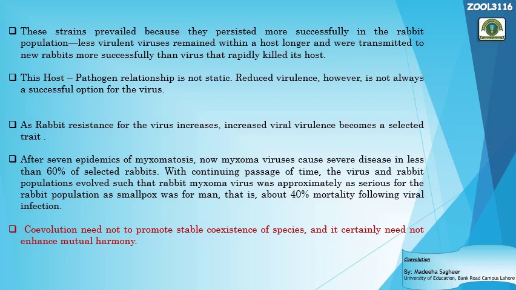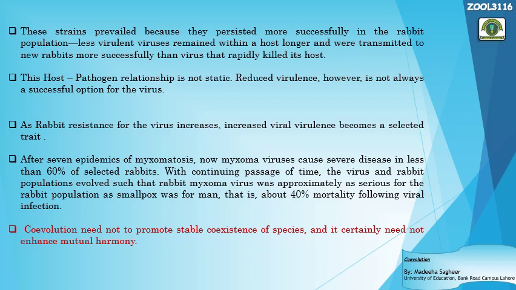Next, with the passage of time, the rabbits got immunity in their body against these viruses. They became resistant to the myxoma viruses, and at the same time, because of the coevolution, natural selection, and selective pressures, the viruses became attenuated. Now, the second step of the coevolution.